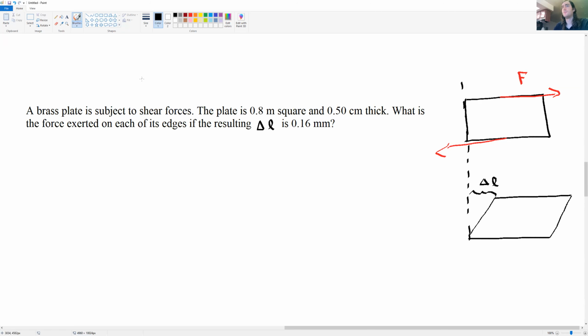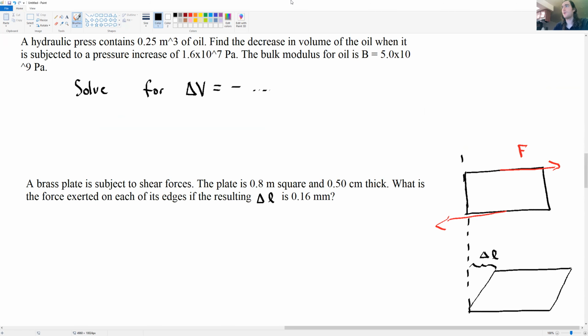I'm sorry, I scrolled down and I blocked the question out. Okay, let's go ahead and go over this first example here.